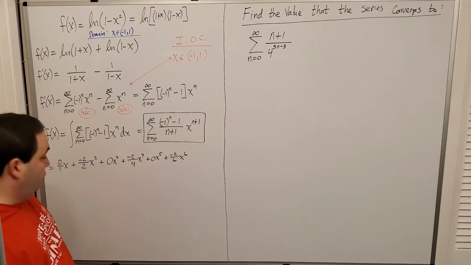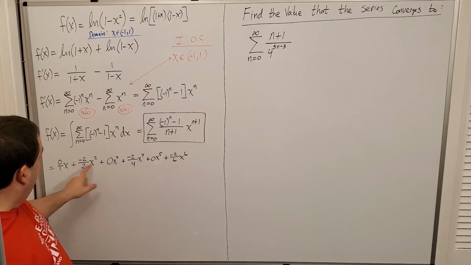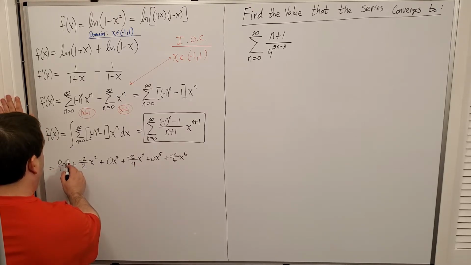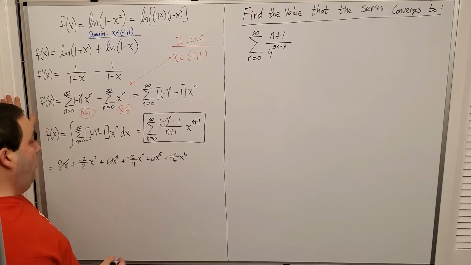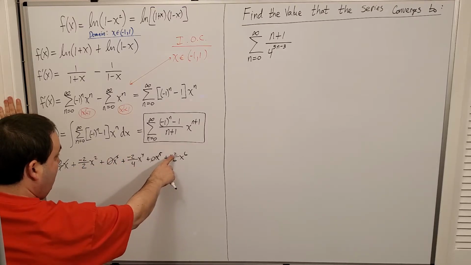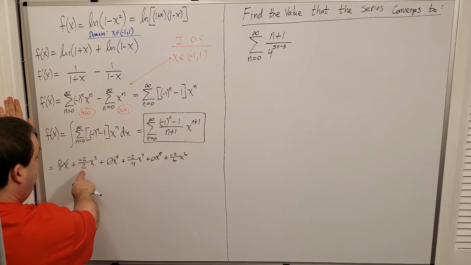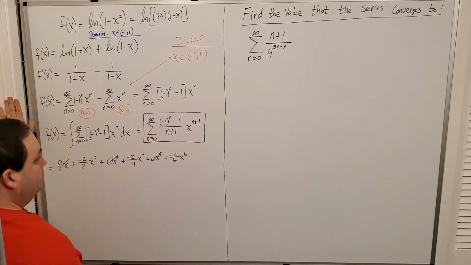Hopefully you're seeing the pattern now, right? All of the odd powers of x, x to the 1, x to the 3, x to the 5, are completely wiped out, right? These are gone. Every other term happens to zero out. And each and every one of the even terms has a -2, and then the power and the denominator are the same number, 4, 4, 6, 6, right?